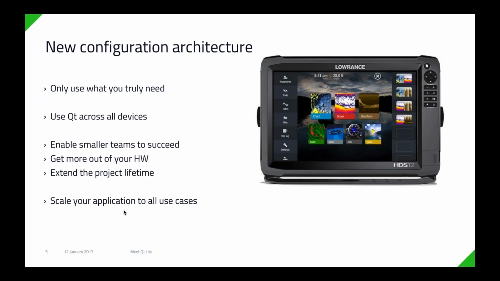So when we look at the configuration architecture, the important aspect here is that customers should be able to use only what they truly need. And the whole idea about Qt is that we want to enable customers to have a unified customer experience, a unified corporate identity, if you will, across all of the products they're putting out to the market.